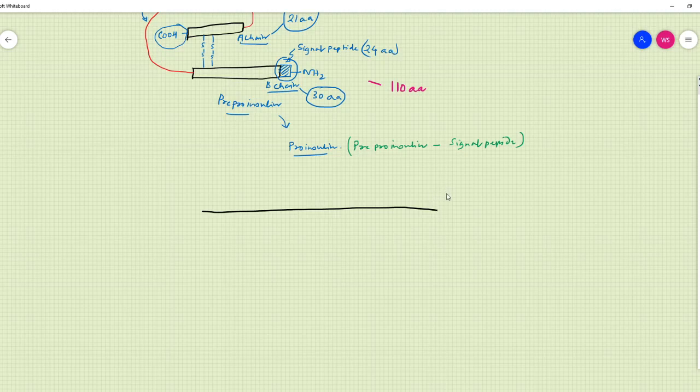So you take 110 amino acids. Okay, so 110 amino acids is the length of the proinsulin. Let's say this is 110 amino acids. Let's say this is the first amino acid here that we're going to call methionine.